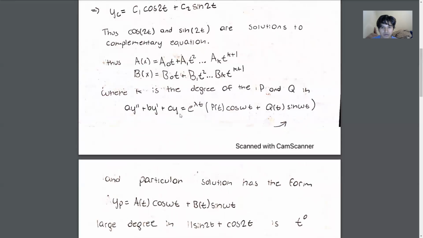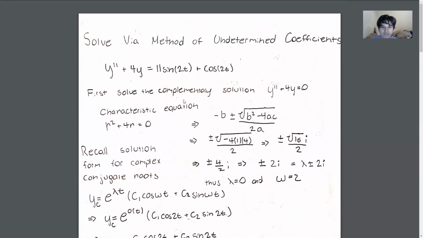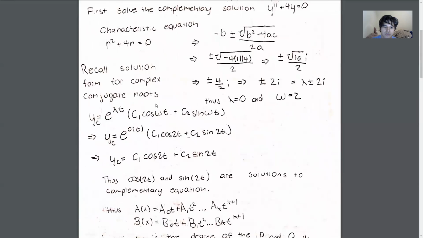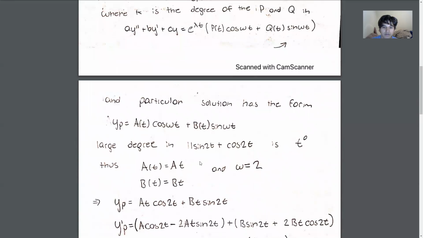So let's go ahead and compare that to the given differential equation that we have. If we look at this given differential equation, we see that there isn't really a variable t being multiplied by sine 2t and cos 2t. So really the largest degree that we're going to have in this expression is t to the power of 0.